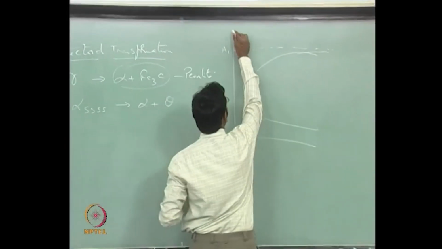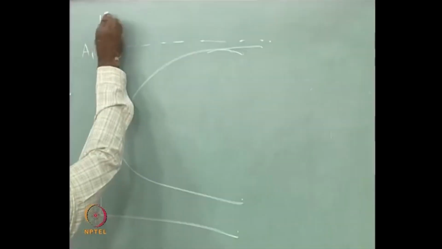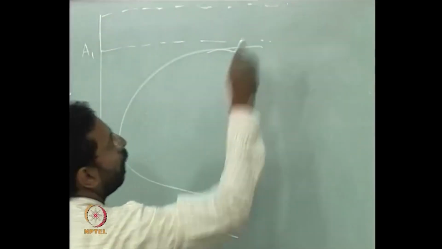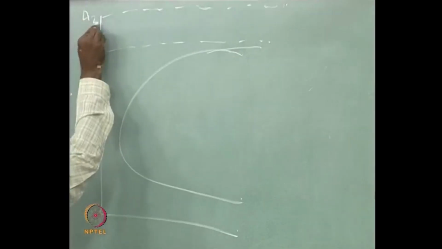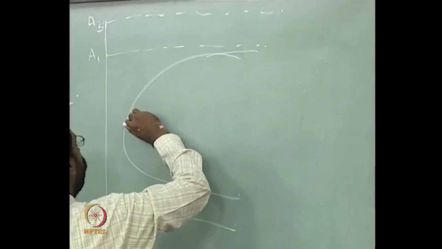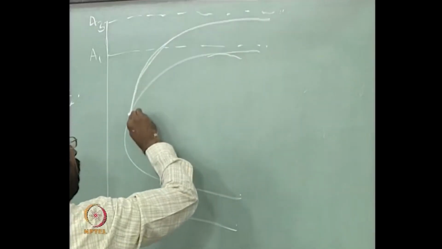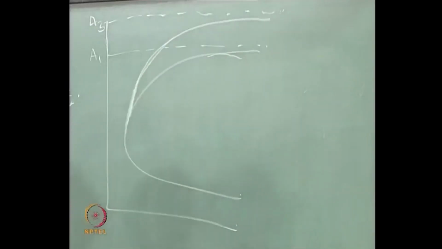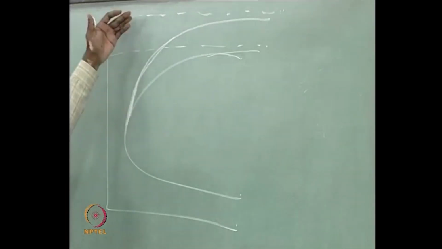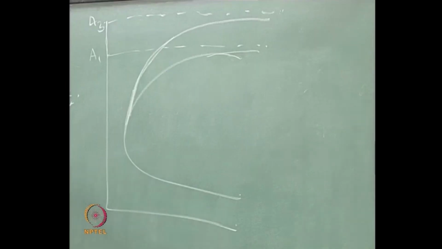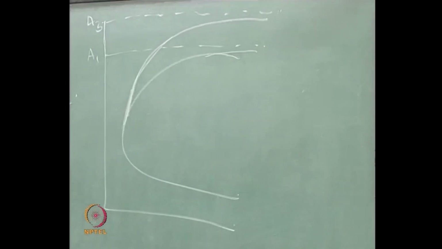So, you have another temperature which you can call A3, for example in a hypoeutectoid, and then you would see another additional curve that comes in, and that is related to the formation of what? Pro-eutectoid alpha from gamma.